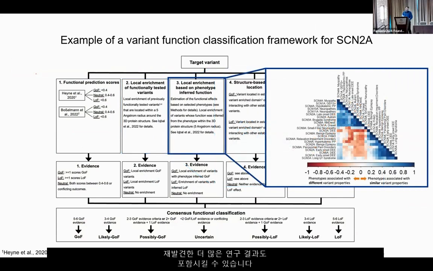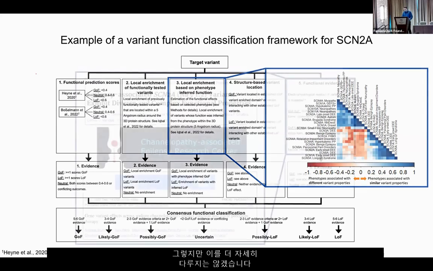We can also include more research findings because we can look where patient variants are located, and because certain types of disease which you have due to a mutation are associated with the underlying disease mechanism of the variant, and we can also cluster this on the structure, but I don't want to go too much into detail.